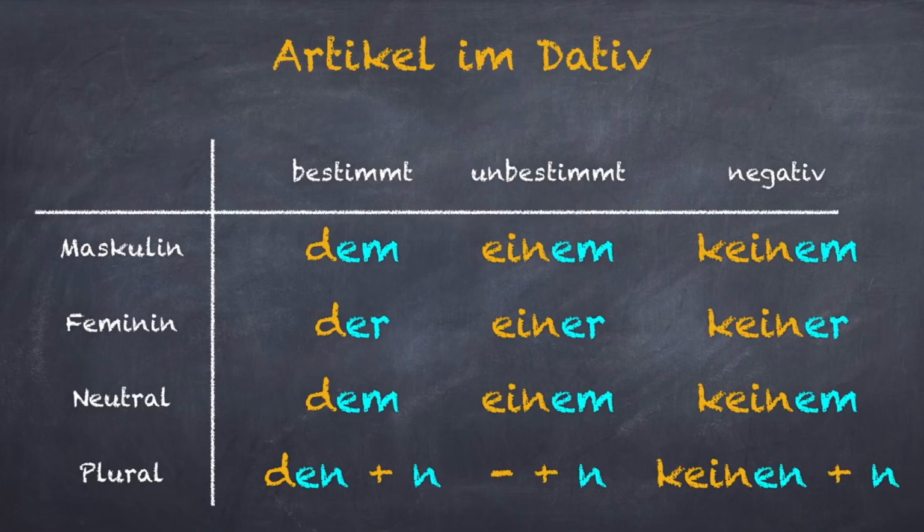All you have to add is an em at the end. That is dem, einem and keinem. For plural, only the unbestimmte Artikel has no dative article. But for bestimmt and for negative, you add an en, and don't forget to add an n to the plural noun in dative. This should make learning dative articles easy for you.